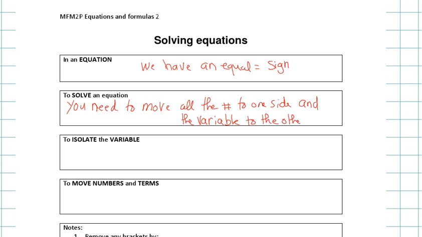In other terms, you need to isolate for the variable.